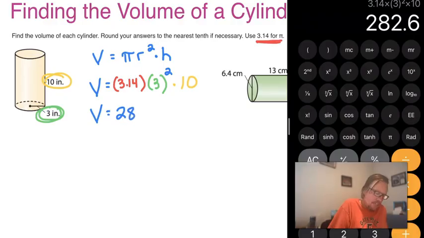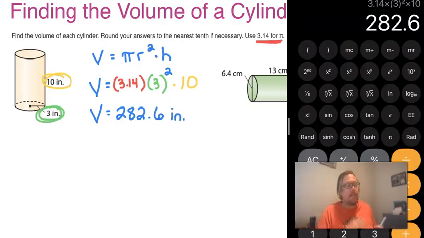We have to be really careful with the unit, though. We measured everything in inches, so we might be tempted just to say the answer is inches. But it's not, because we're measuring volume, and volume is always measured in cubic inches. That doesn't mean that we take our 282.6 and then cube it. We do not do anything different with the number. The number is 282.6.